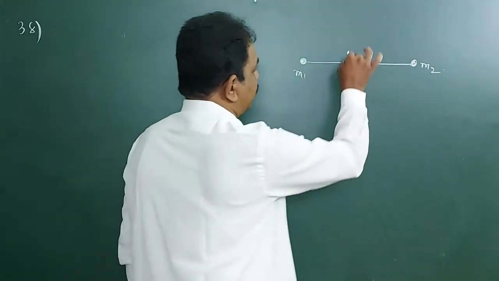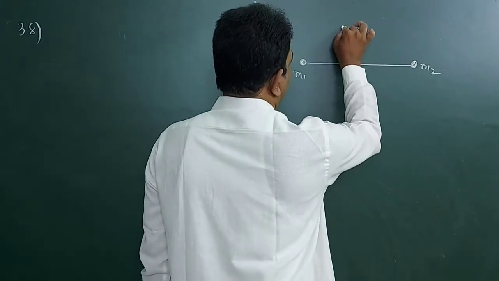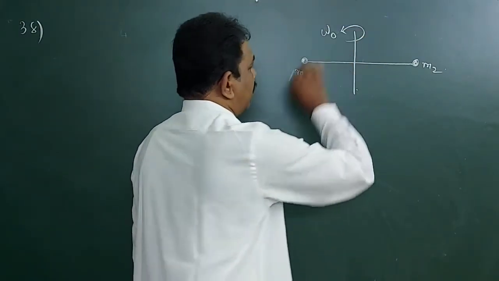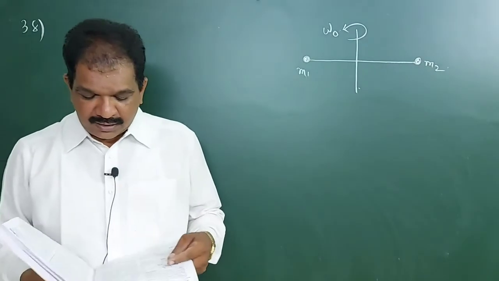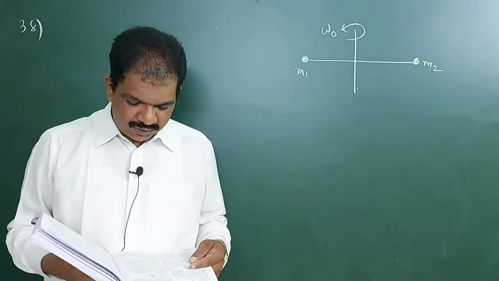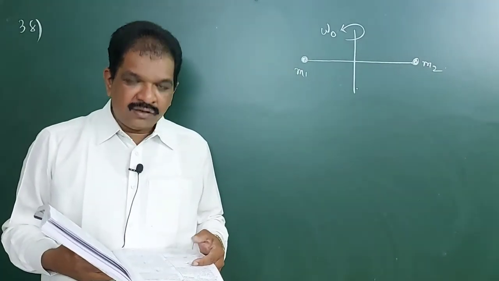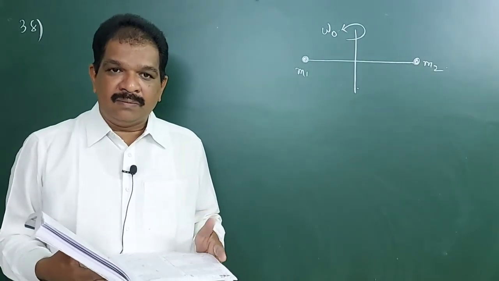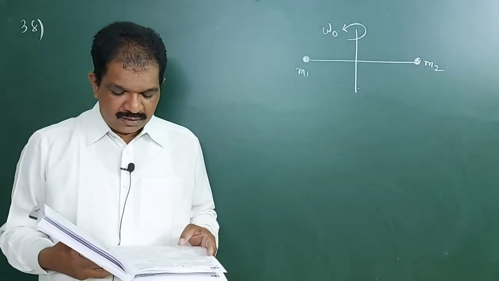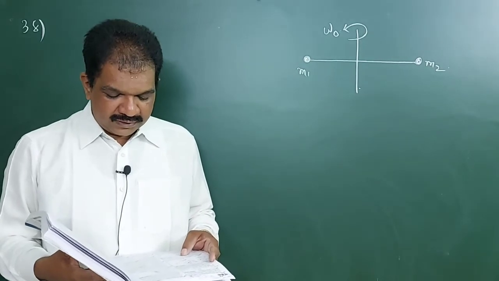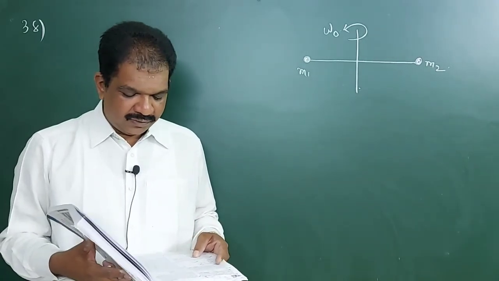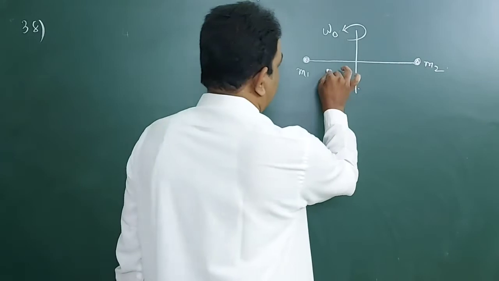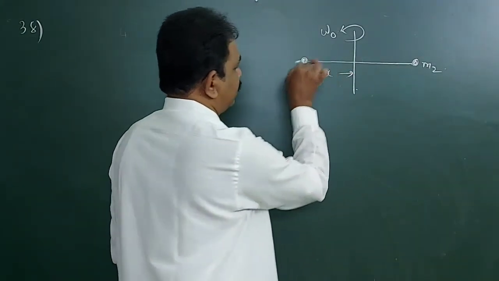It is set to rotate about an axis with angular velocity omega naught, so that work done to rotate that system will be minimum. Then what is this distance x value they are asking?